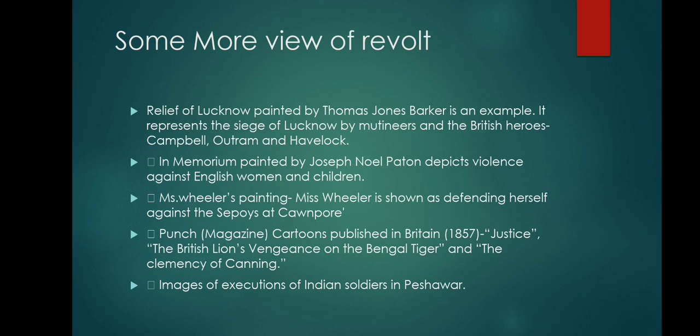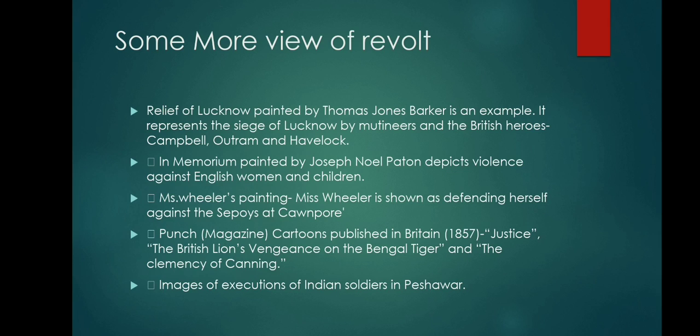Punch, that is a magazine, published cartoons in Britain in 1857, and the name of that cartoon was Justice, the British Lion's vengeance on the Bengal tiger, and the clemency of Canning. Some of these cartoons play on the characterization of the Britishers as saviors and Indians as villains or mutineers.